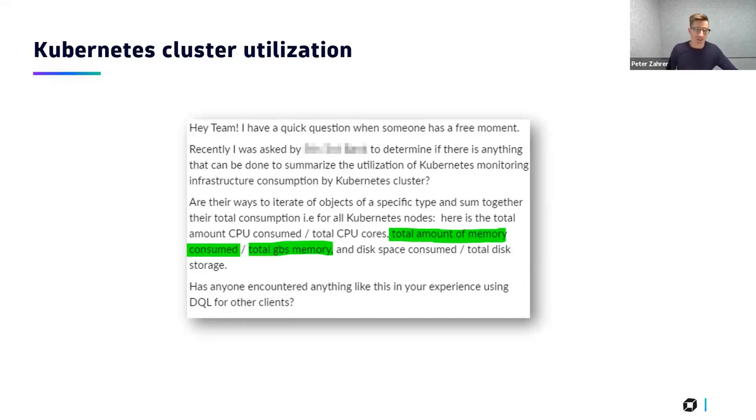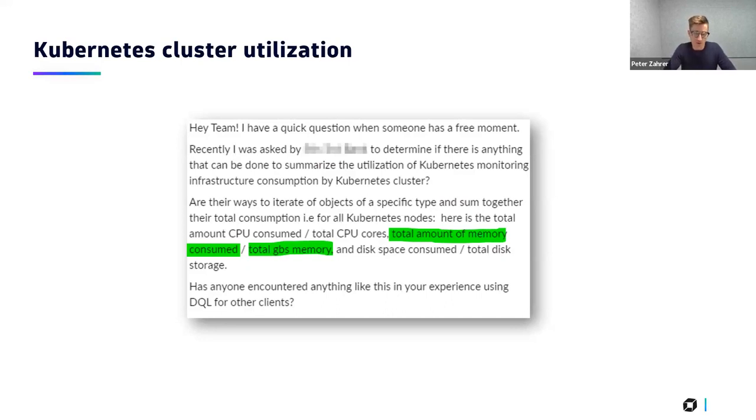The last one I want to share is a really interesting one, in my opinion. This, of course, extends to a more realistic production monitoring use case, because here the question was surrounding a possibility to show the resource consumption in relationship to the amount of available resources on Kubernetes cluster level.